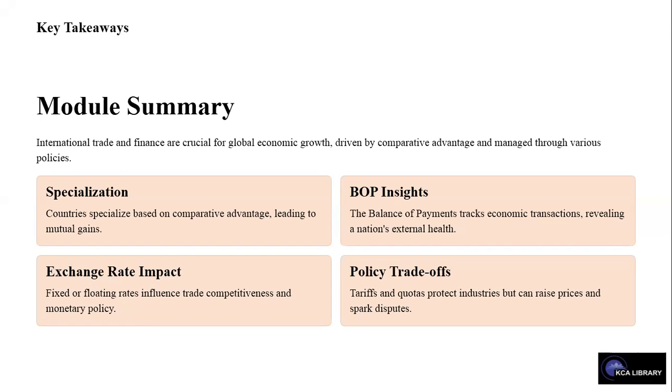Also, we've looked into the balance of payments insight, where we say the balance of payments tracks economic transactions, revealing a nation's external health. Also, as per the impact of exchange rates, we've seen fixed or floating rates being a tool in influencing trade competitiveness and monetary policy.